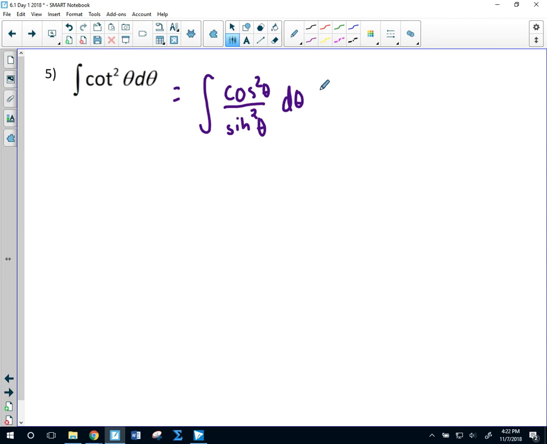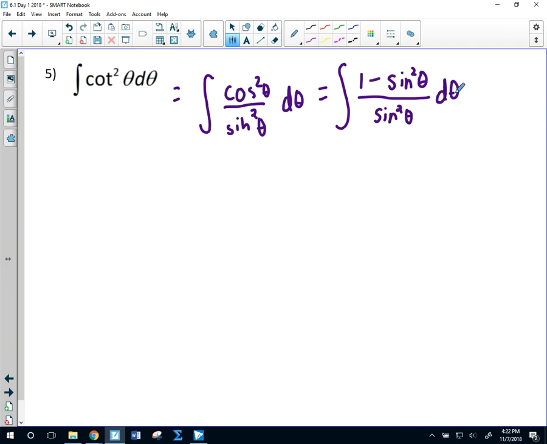I really wanted to have only sines in the problem or only cosines in the problem. I can't really change my denominator because then I have two terms in my denominator and I can't split it up. So instead, I'm going to change my cosine squared into 1 minus sine squared theta. So I'm using a trig identity, a Pythagorean identity, actually.